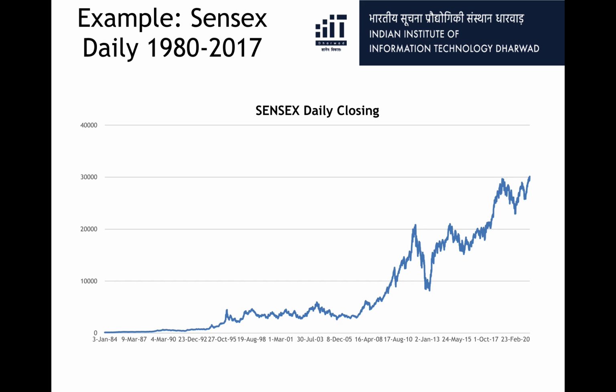Anyone would have been very happy to invest their money in the stock market and get a 10x return in 10 years, right? So it just looks like it is flat here because of the scale on the y-axis, right? If you were to plot this data only for those 10 years, you would actually see a much steeper gradient or slope in the way the stock market changed in those days.